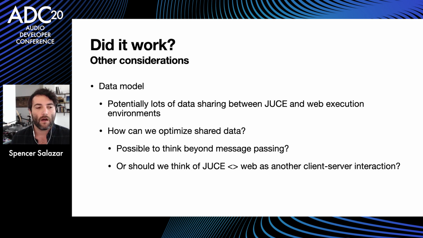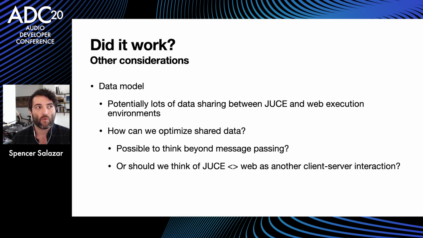So I think there's probably some improvements in terms of how can you optimize the way data is shared between Juice and the web sides of this kind of architecture? Are you always going to be forced to use message passing?